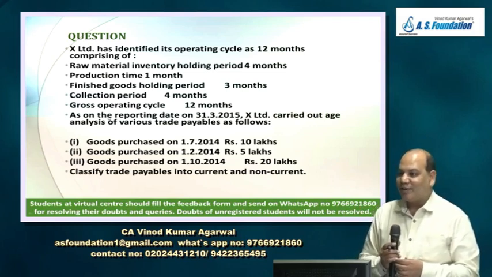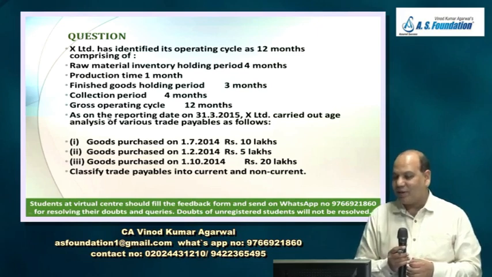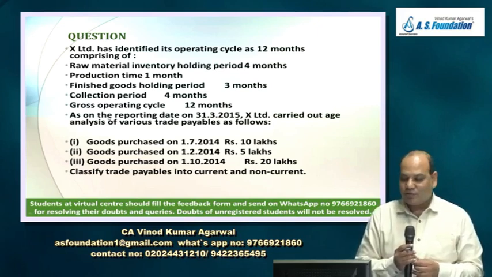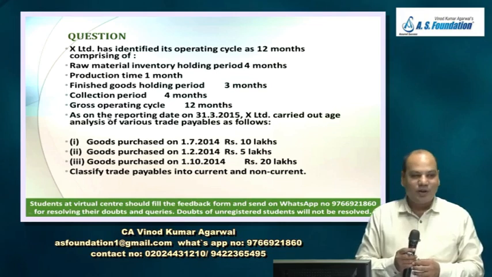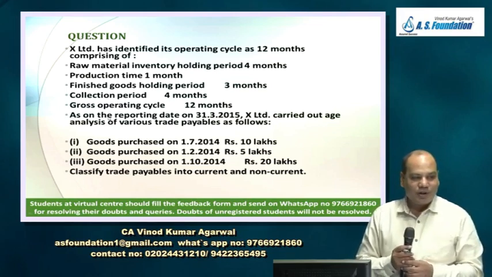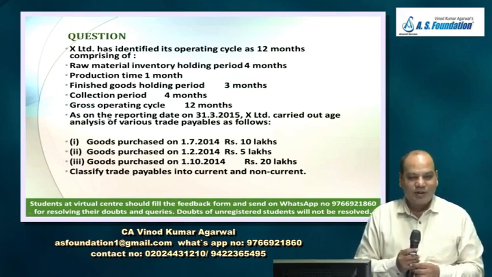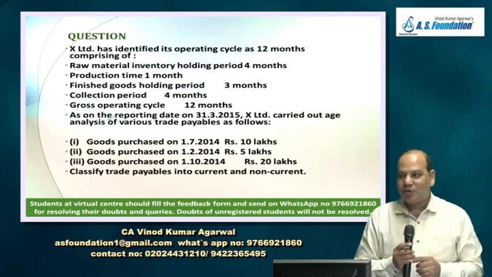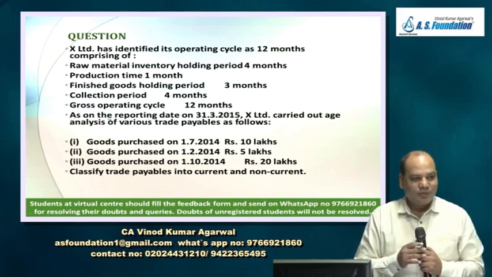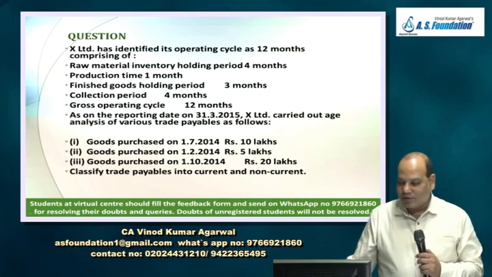As on the reporting date, on 31st March 2015, X Limited carried out age analysis of various trade payable as follows. Now tell me, is it same? Yesterday it was a current asset item, spare part. Now today it is a current liability item, trade payable. So therefore, your question is not exactly same and therefore be careful.